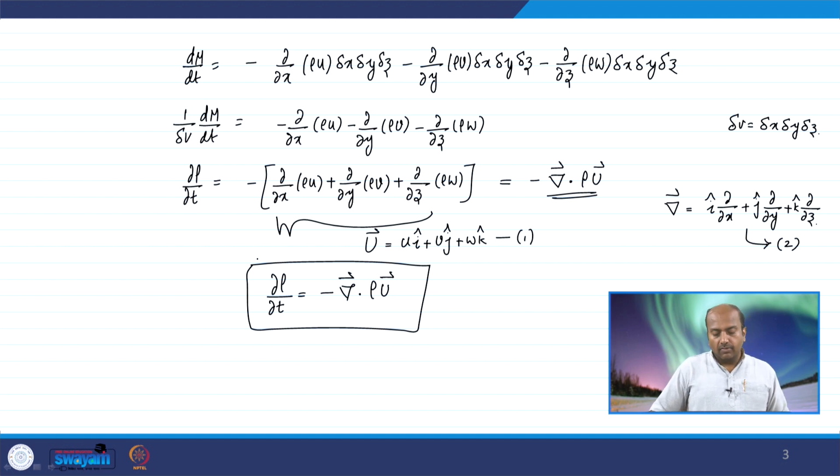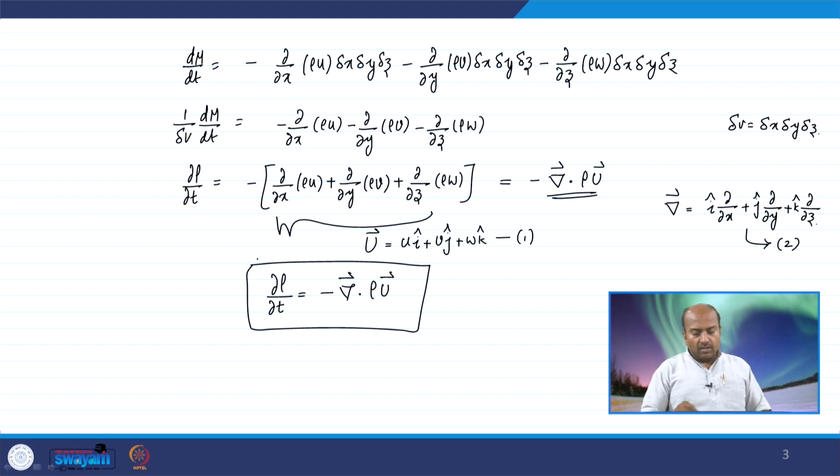The partial change of density with respect to time is equal to minus the divergence of rho times the three-dimensional velocity. Now, we have already seen the derivation pertaining to the total derivative. How is it different, or what is the need to have a total derivative?